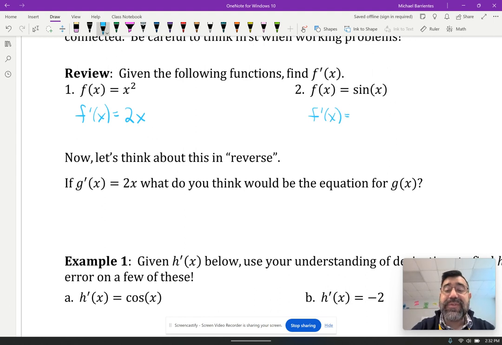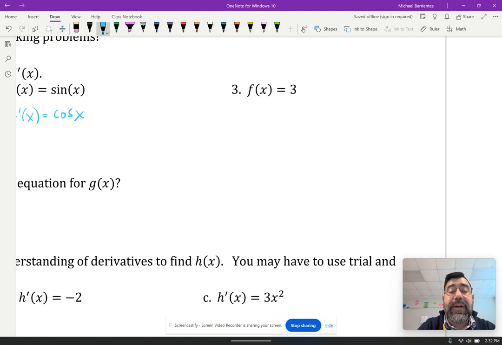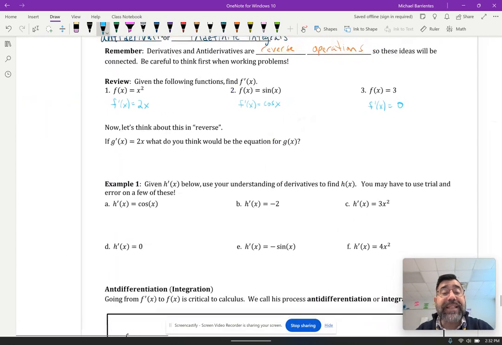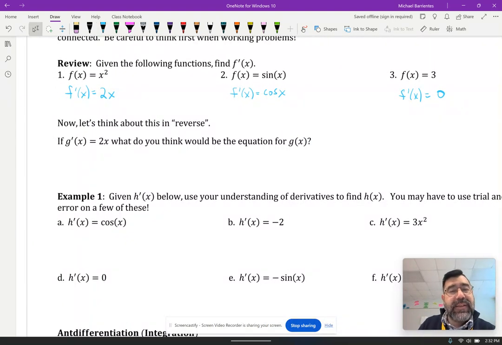Using the trig rules, we found the derivative of sine x would be cosine x. And then what would be the derivative of 3? Well, that's a constant, and the derivative of a constant is just 0, because the function itself, 3, never changes, so the rate of change would be 0. So those are the basic rules that we learned in the first semester.